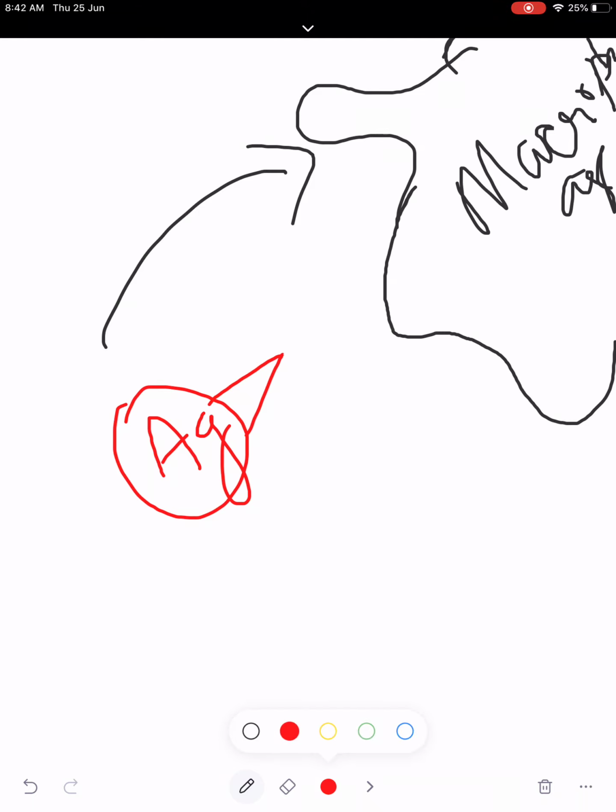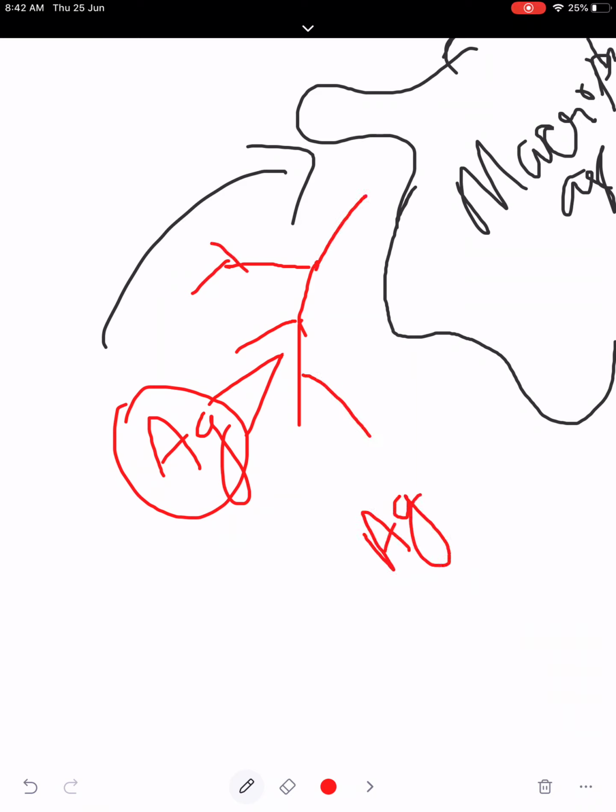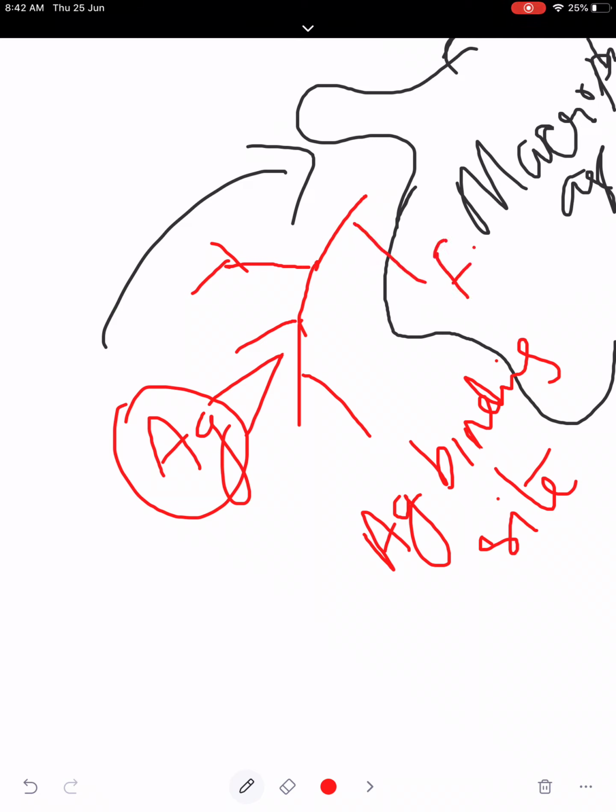And this we can explain like this. Here we can see, if this is the antigen, this is the antigen binding site of the antibody, and this is the Fc part. And here this phagocytic cell may be having a receptor which we call the Fc receptor.